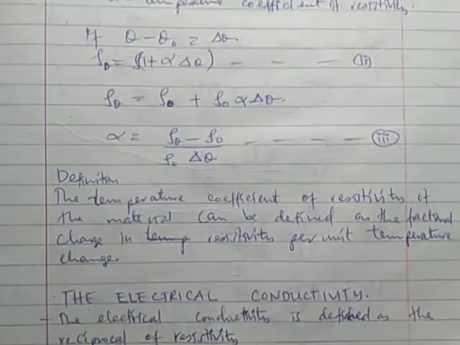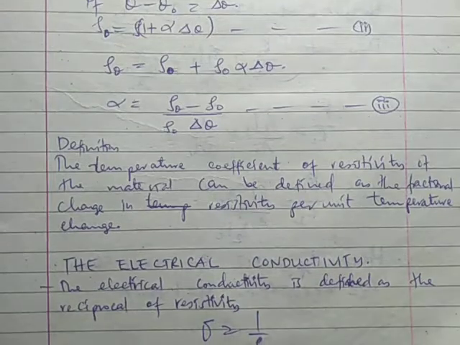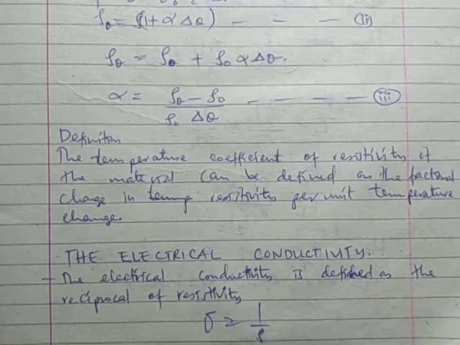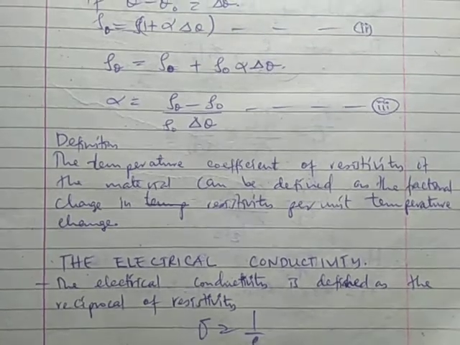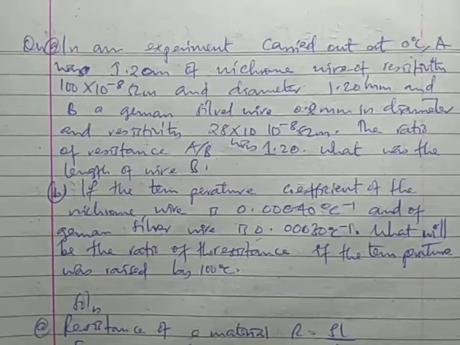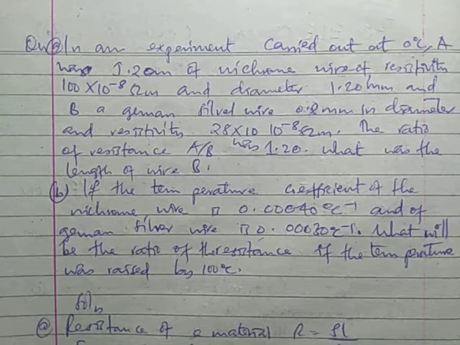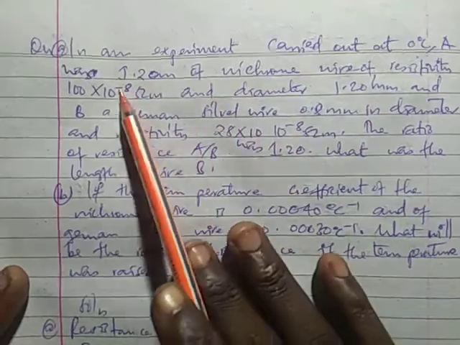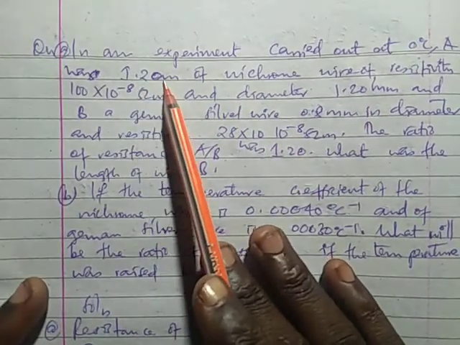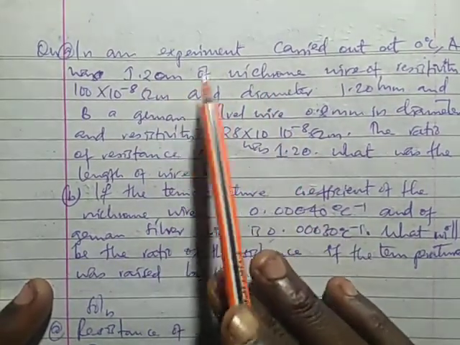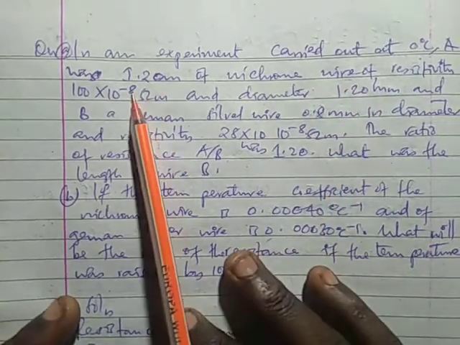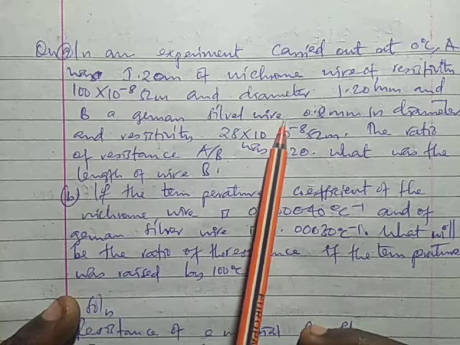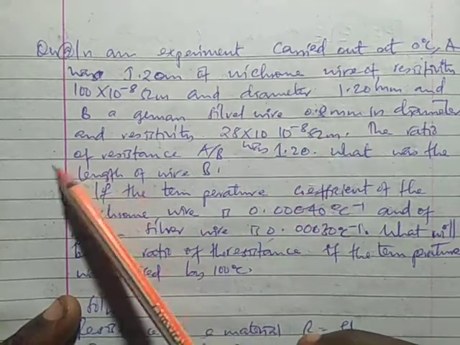Then electrical conductivity is defined as the reciprocal of resistivity. So from here we have the solved equations, and let's move together. In an experiment carried out at 0 degrees Celsius, A was 1.20 meter of nichrome wire of given resistivity and diameter, and B a German silver wire of given diameter and resistivity.